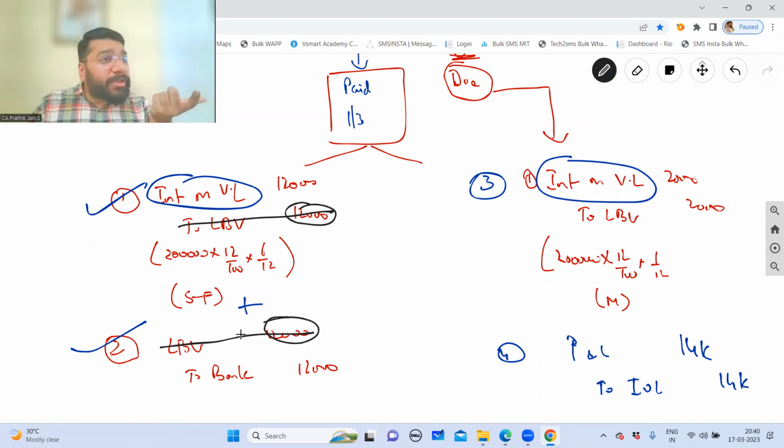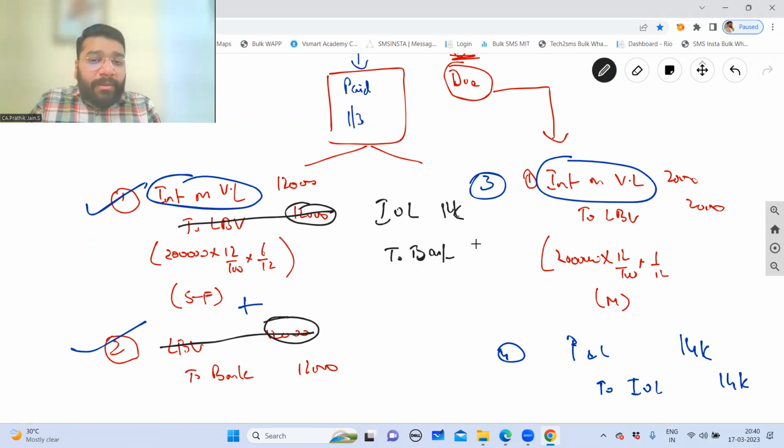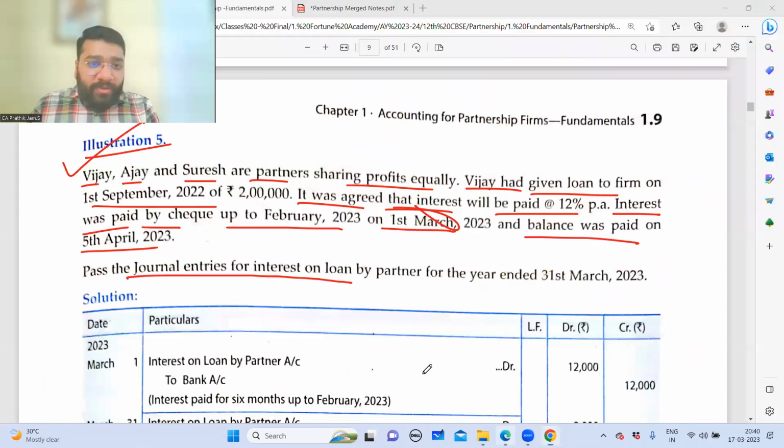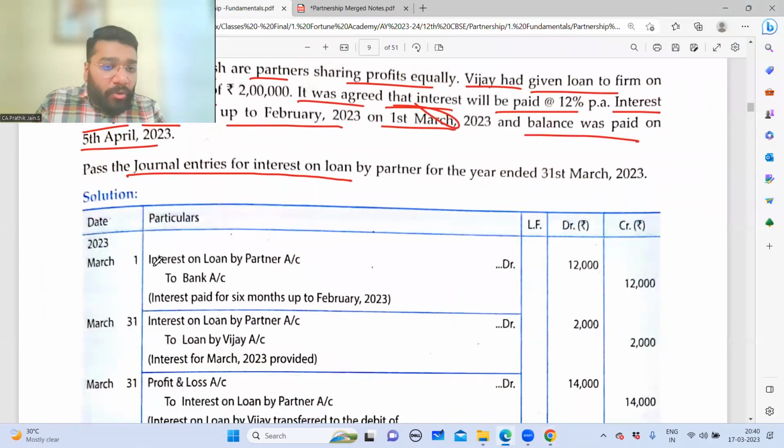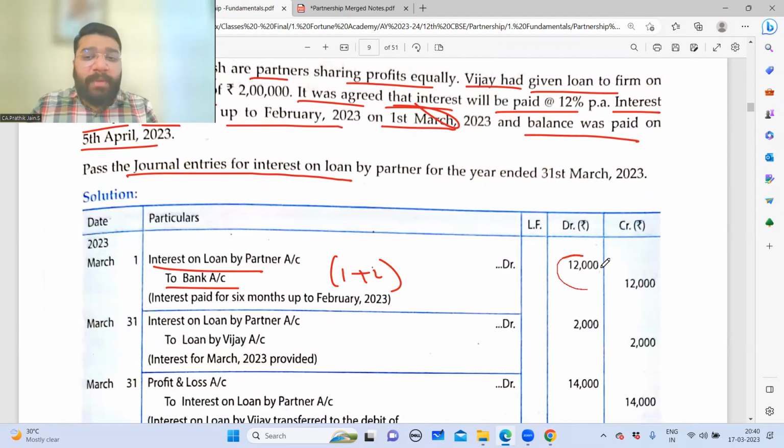So what will be the remaining ledger? Interest on loan to bank, 12,000, 12,000. So this first entry is nothing but interest on loan by partner to bank account, which means that the due entry and payment entry are combined. So it becomes this. Online people, any problem here?